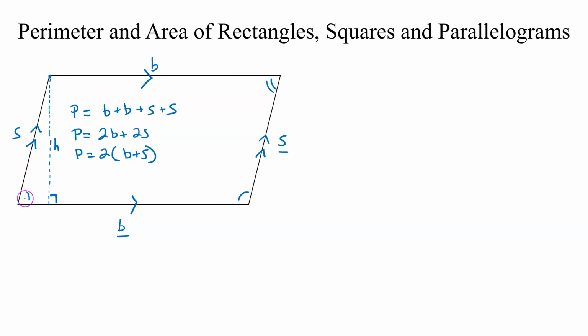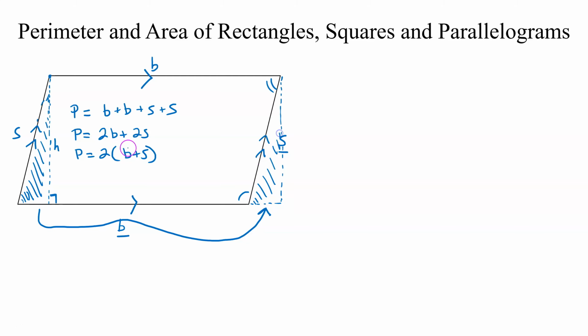Now, what you might notice is if we took this piece right here, we made a triangle. If we took that triangle and we chopped it off of the left side and brought it over to the right side, we're going to replace it right here. So now our shape is just in where I'm circling.